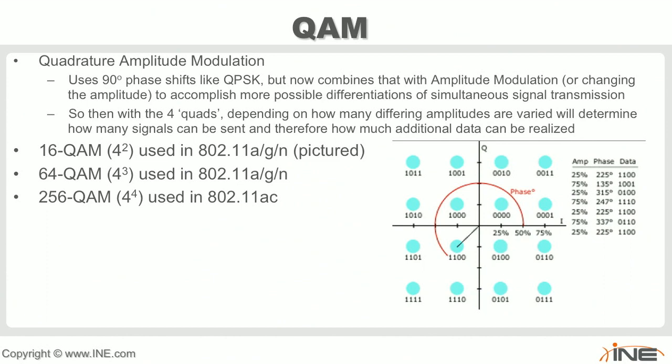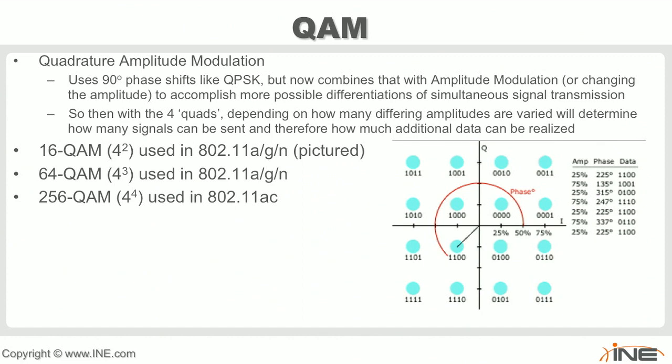So quadrature amplitude modulation was trying to use the best of phase shift keying. We're changing the phase in a quadrature fashion, but also combining it with amplitude modulation. And QAM is what's used in wireless transmissions today for modern networks.